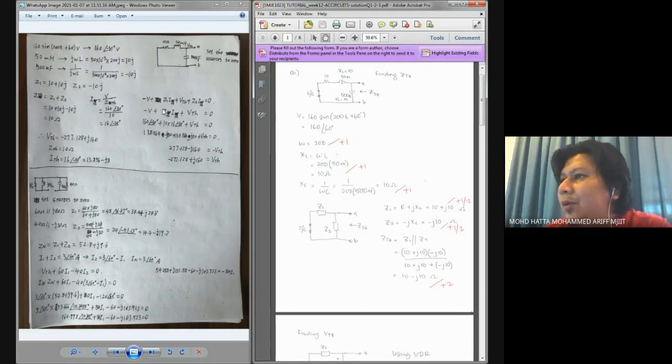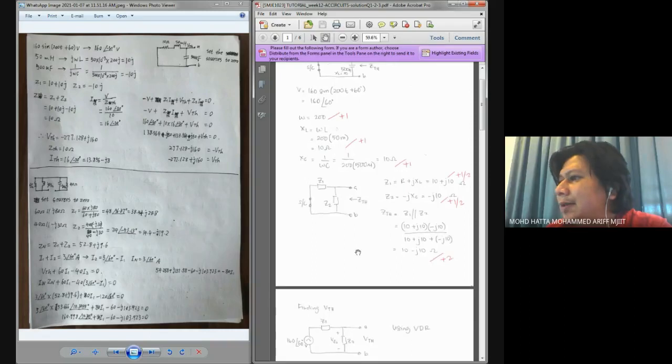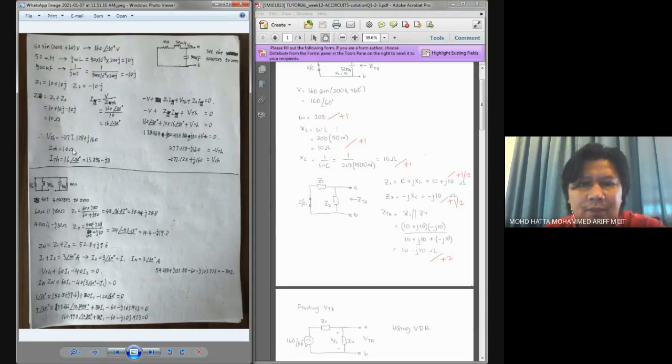And for ZTH, I get into ZTH. ZTH should be 10 minus J10. What we have over here is 10. All right, this is because the way you analyze the connection is wrong.